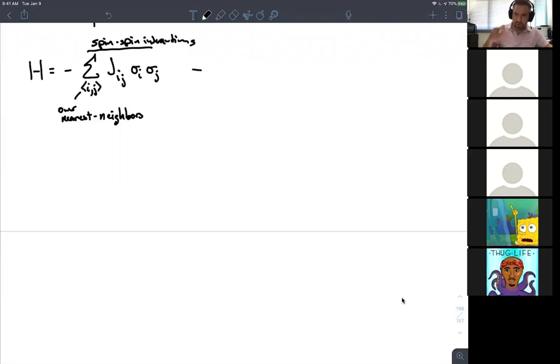And then if we apply an external magnetic field, which in general you can do, then the term for the external magnetic field looks like, again, if I can remember correctly, I believe it looks like this. There we go. And so this term gives us spin-external field interactions.